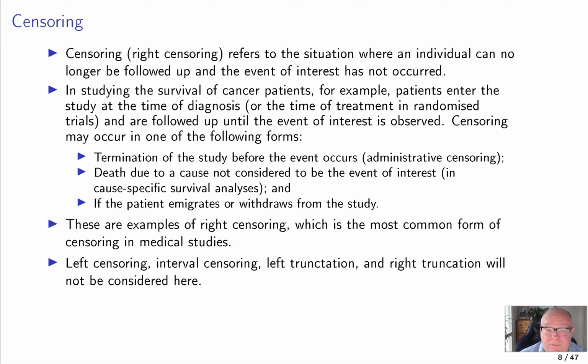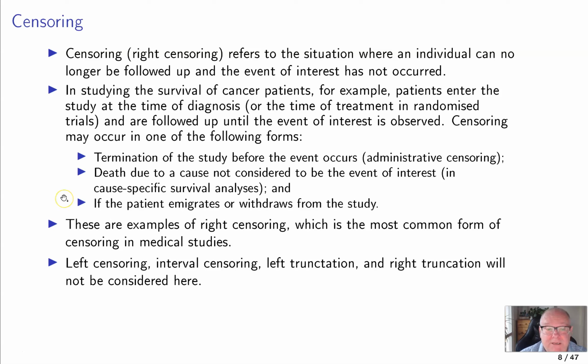So any patient, if the outcome is death, then any patient still alive, death has not yet occurred, their survival time is censored. If our outcome is death due to a specific disease, then individuals who die of another cause, they can't die of their disease, we can't follow them up anymore, their survival time is censored.